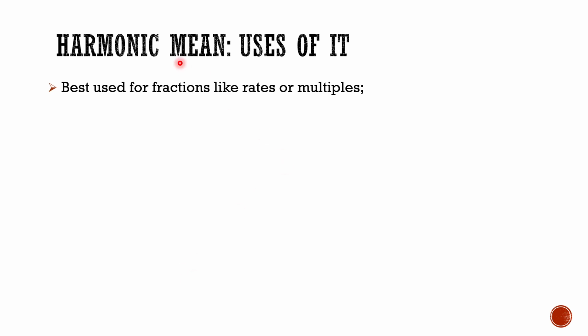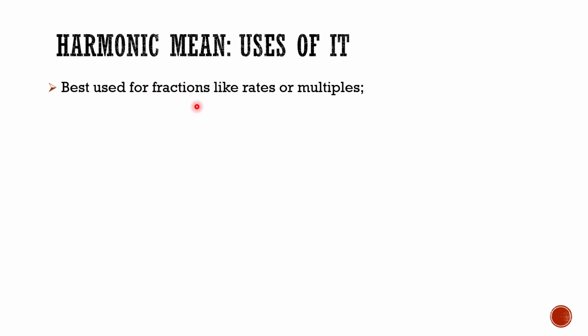Moving ahead, what the harmonic mean is and its uses in mathematics and statistics. The harmonic mean is one of the several kinds of average, and in particular one of the Pythagorean means. Typically it is appropriate for situations when the average of rates is desired.